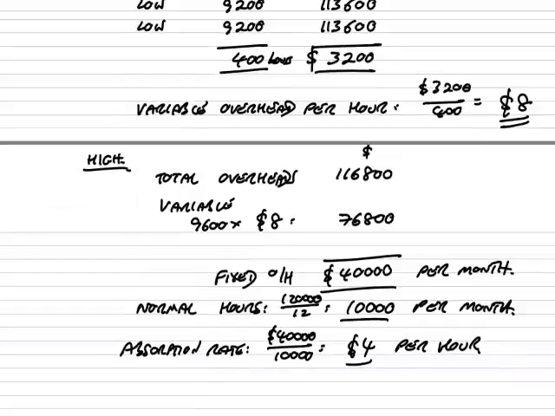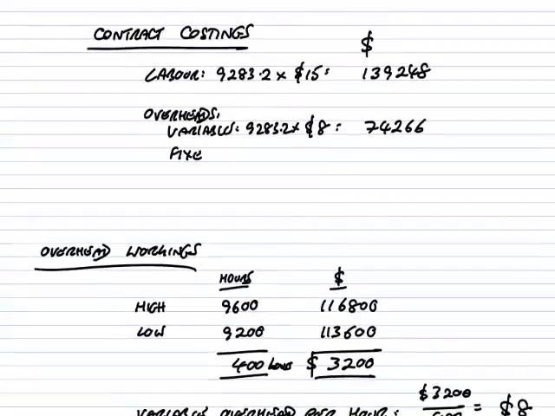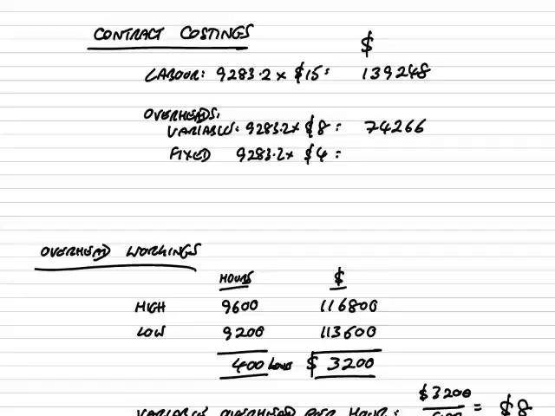And now we can finish our costings. Again, it's now easy because we know the hours, and at $4, the fixed overheads, $9283.2 at $4 is 37,133, giving a total cost of $250,647.